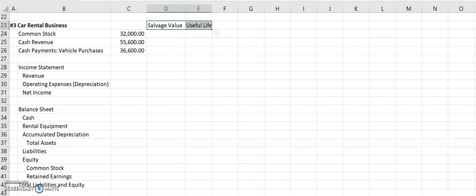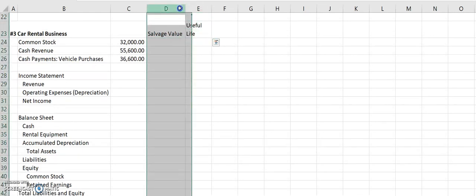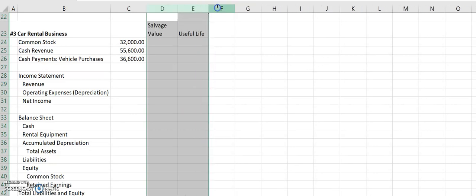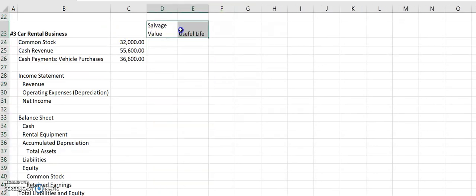Both of those are elements that we're going to need in order to calculate out the depreciation of these assets. So the salvage value of these vehicles in my scenario is 0. They're expected to be worthless when we're done with them. The useful life for these, 3 years is what the assignment tells me.